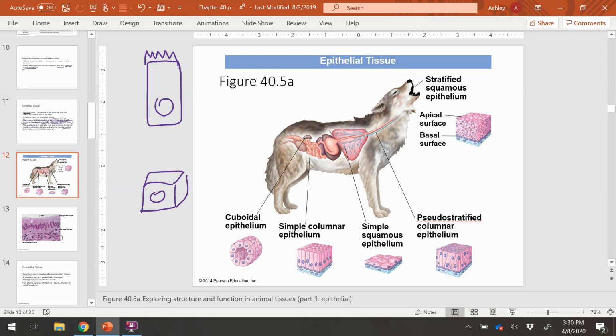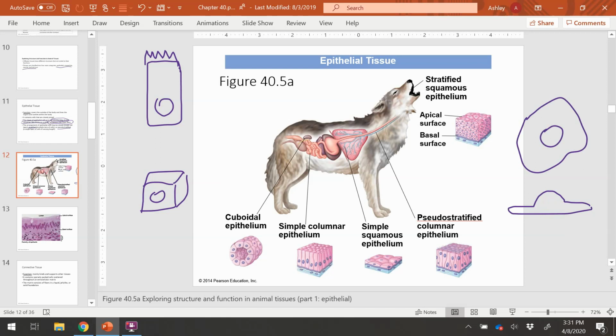Then squamous, simple squamous epithelium, the next one here, that is one layer of flat cells, which if you're looking at it from the side, is going to be very flat, and then where the nucleus is, it's going to bump up a little bit and then go back down. And so I like to think of it, if you're looking at it from maybe the top view, it kind of looks like a fried egg.